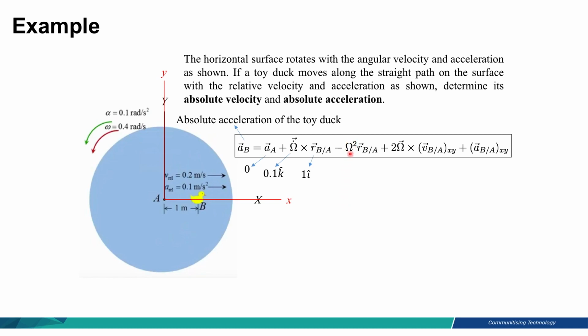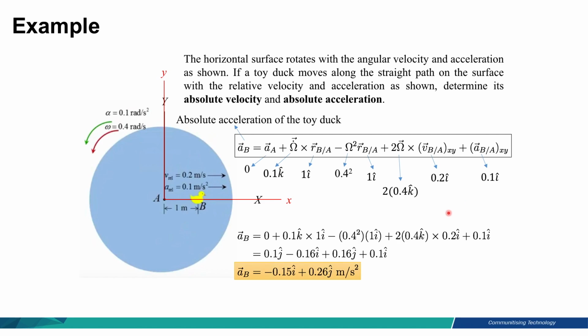The omega here is taking the value of omega in scalar, so 0.4 squared. r B/A is again 1i. 2 times omega is 2 times 0.4k, cross v B/A, the relative velocity of the duck as observed from point A. So this takes the value of 0.2i. And a B/A is the relative acceleration of the toy duck with respect to point A. So this has the value of 0.1i.